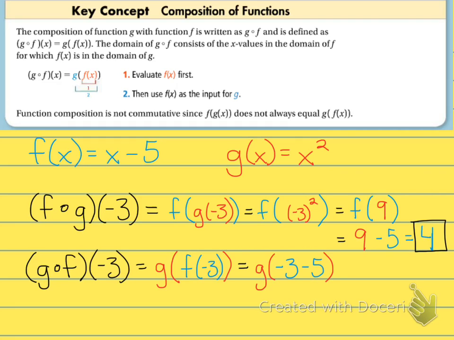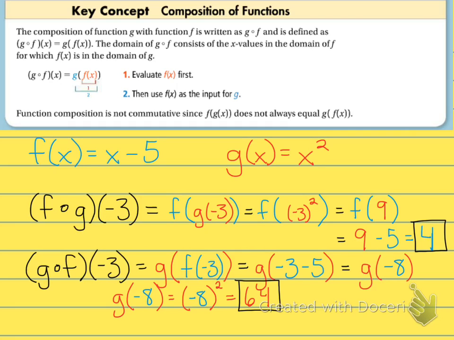Since f of x is x minus 5, I take negative 3 minus 5, substituting negative 3 for x. Negative 3 minus 5 is negative 8. Because g of x equals x squared, I'm going to take negative 8 squared, which is a positive 64. So g of f of negative 3 equals 64, whereas f of g of negative 3 equals 4.